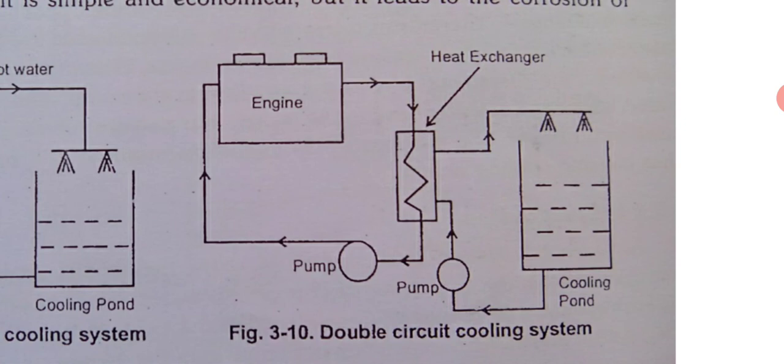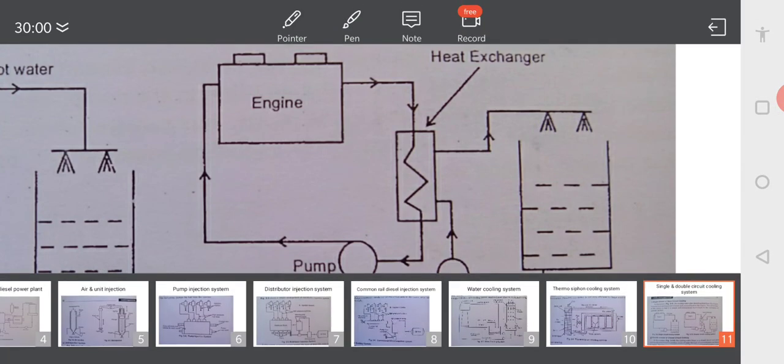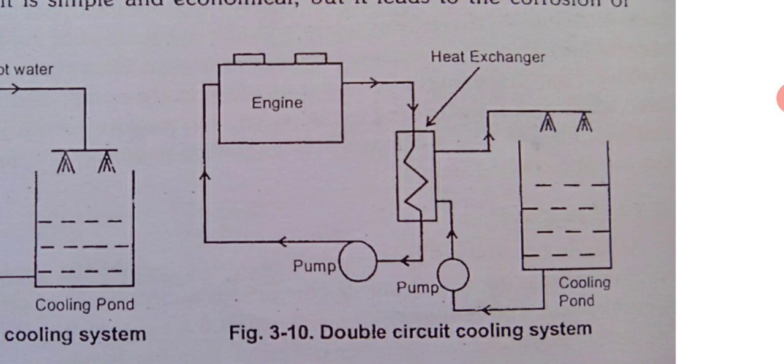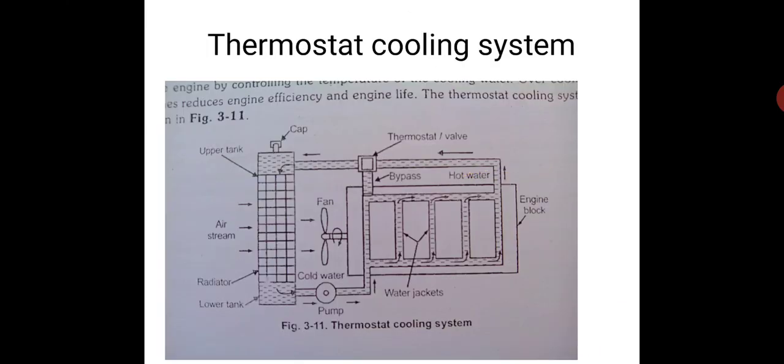The cooling pond will supply the cold water to the heat exchanger. Again there is a heat transfer between water and water here. So the cold water from the cooling pond will exchange heat with this hot water, and it will come back to the cooling pond. At the cooling pond there are sprays, so that the heat from the water is sent to the atmosphere. So this is the double circuit and single circuit cooling system.